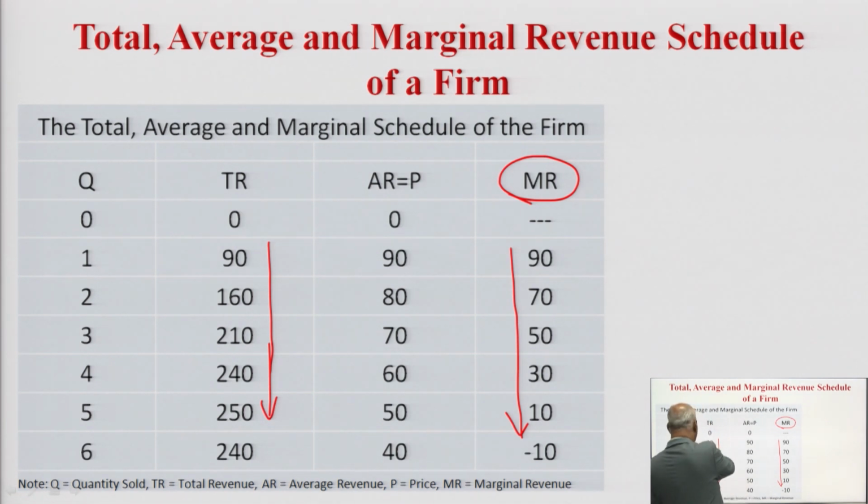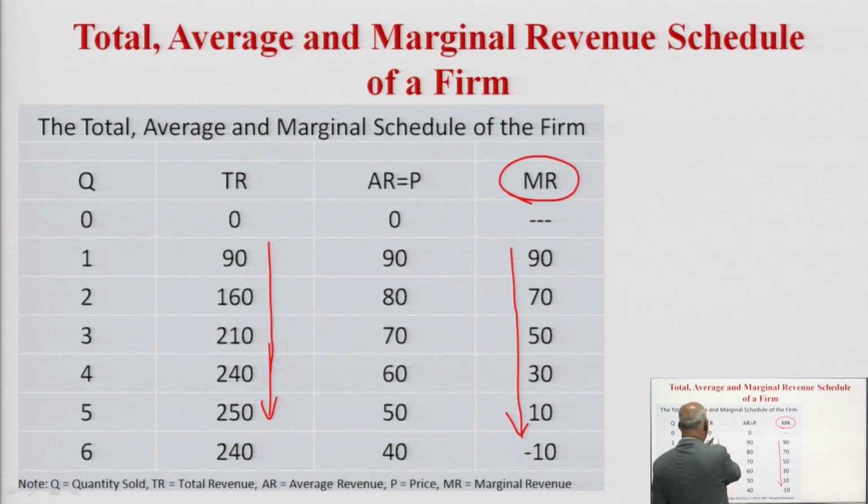Are you getting that? That means 160 minus 90 is 70, and here also 2 minus 1 is equal to 1. So 70 divided by 1 is equal to 70. That is the marginal revenue. Similarly, average revenue is nothing but total revenue divided by quantity.